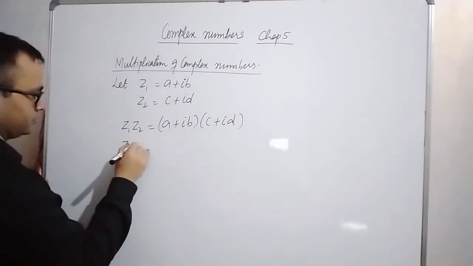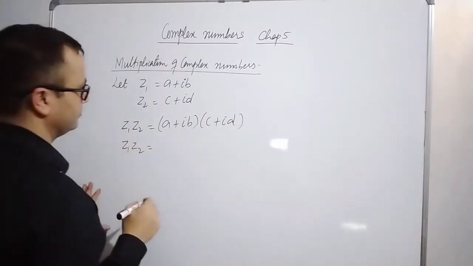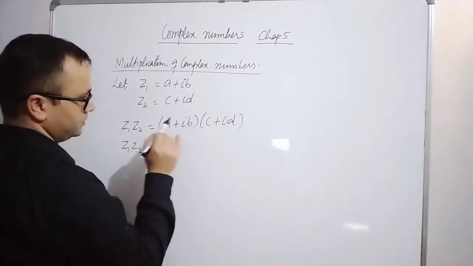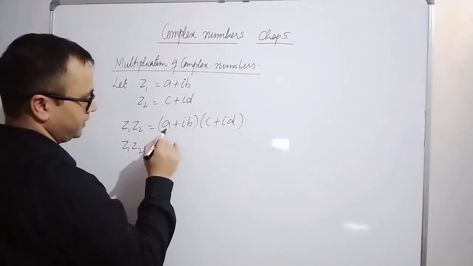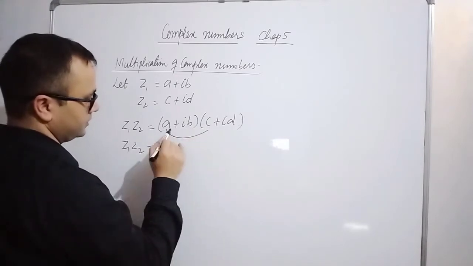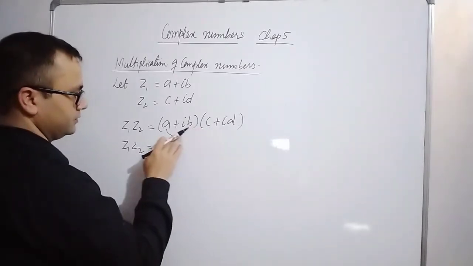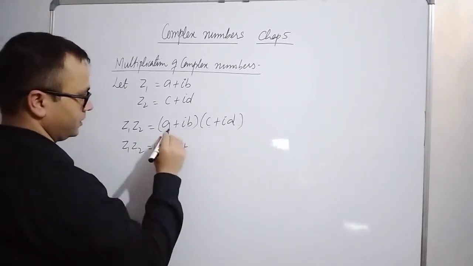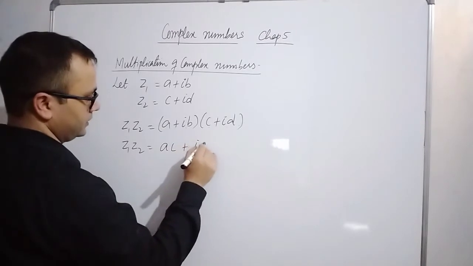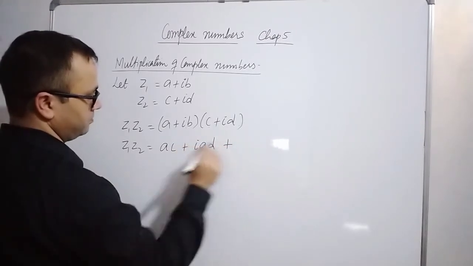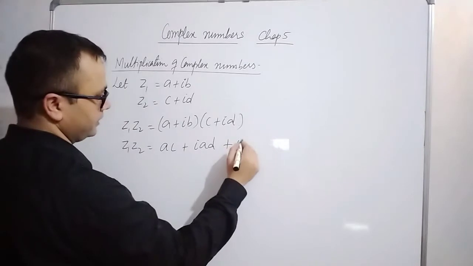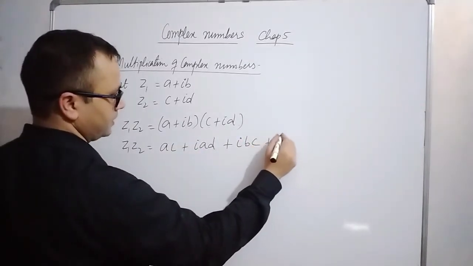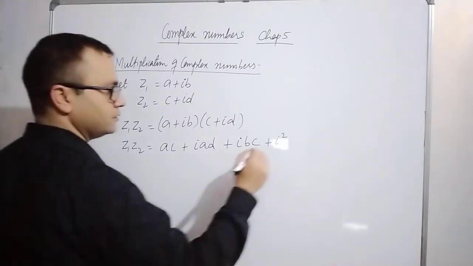Now multiply A with C and iD: A into C is AC, plus iAD, plus iBC, plus i square BD.